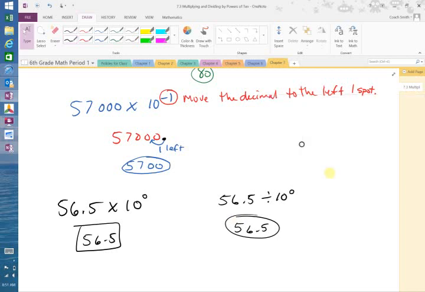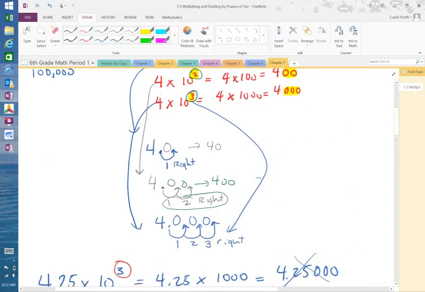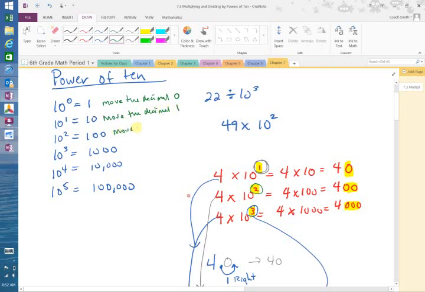Okay, so if we go back up here to our example, up at the very top, so here, move the decimal 0 times, move the decimal 1, move the decimal 2, move the decimal 3, 4.